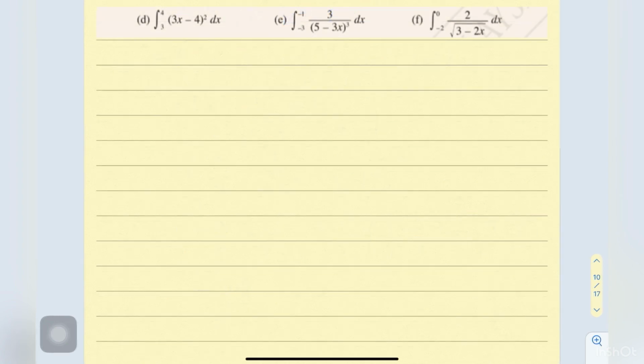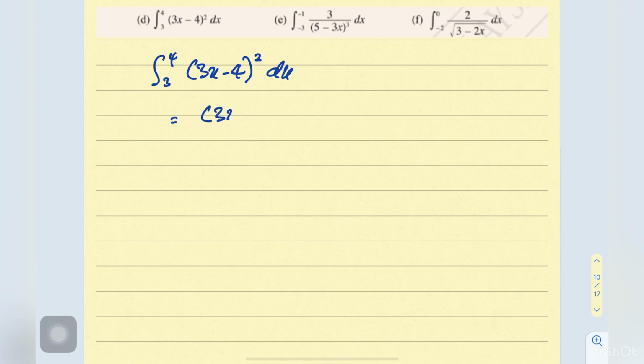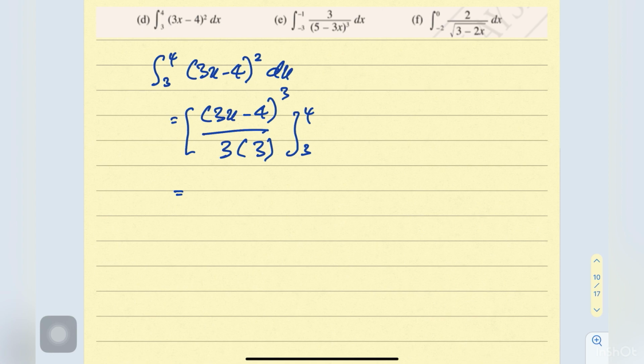Then question D, what we got is from 3 to 4, 3x minus 4 squared. So for this we integrate. This one becomes the power of 3 over 3. Then we differentiate the function in the bracket, which becomes 3. So from 3 to 4, then we substitute the upper limit.